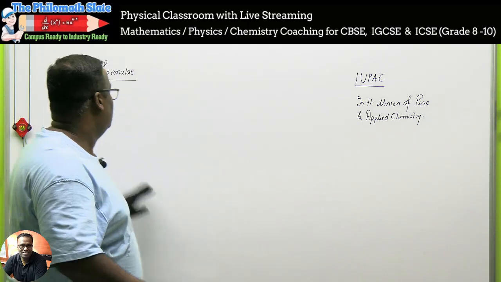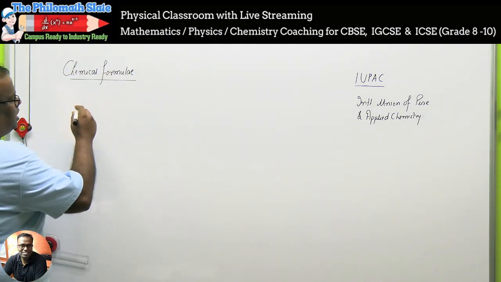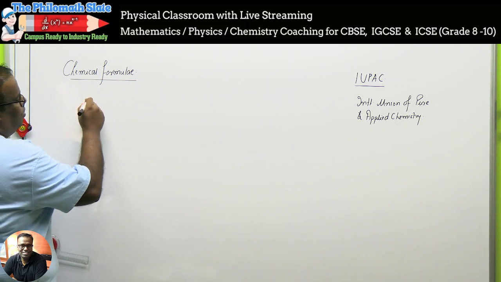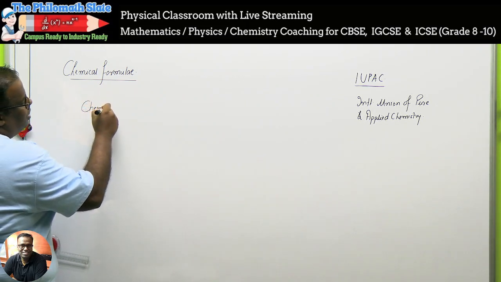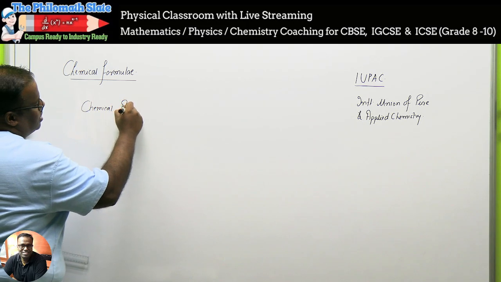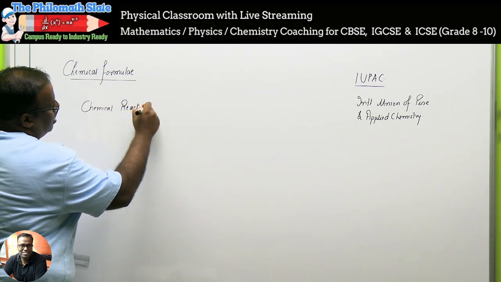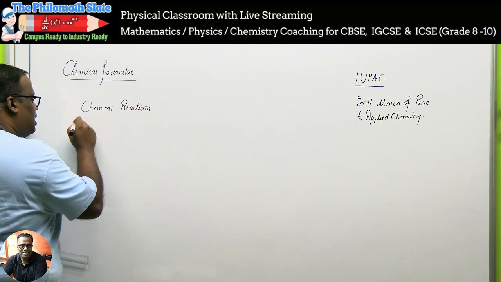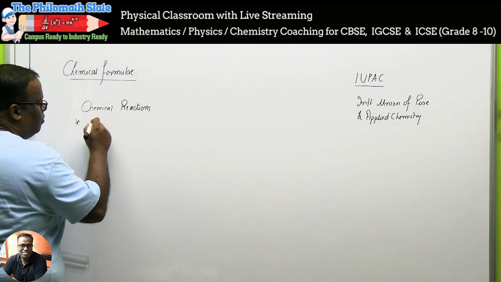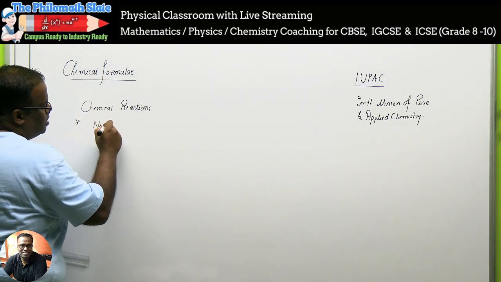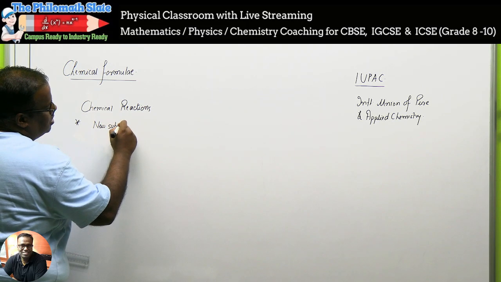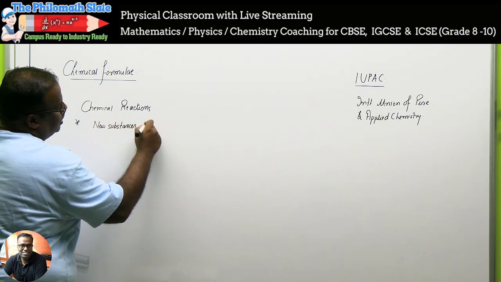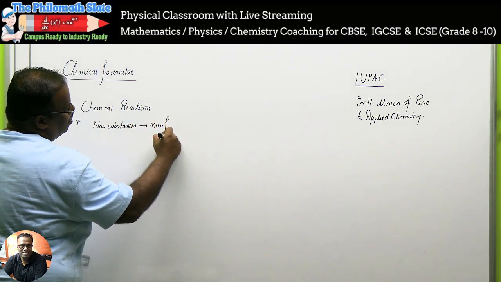So let's go ahead. Basically, what we study in chemistry is all about chemical reactions, okay? And if you look specifically at a chemical reaction, what is happening? We say new substances are formed with new properties. This is also known to us.